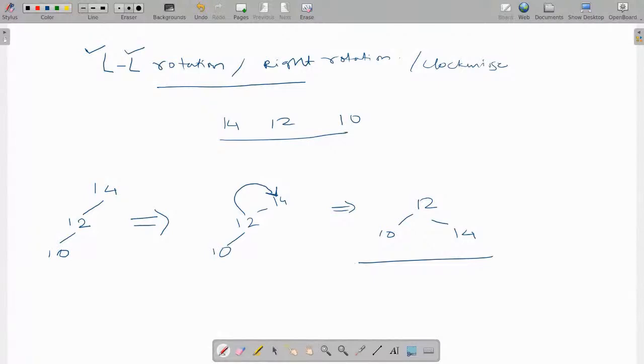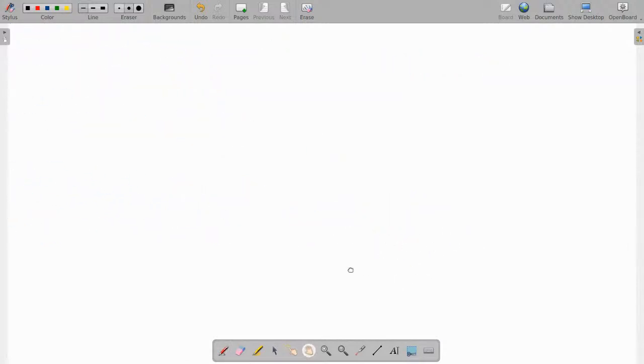Now the next rotation performed on a binary search tree or AVL tree to get back its balanced nature is the LR rotation. What is an LR rotation? LR rotation is just a double rotation.